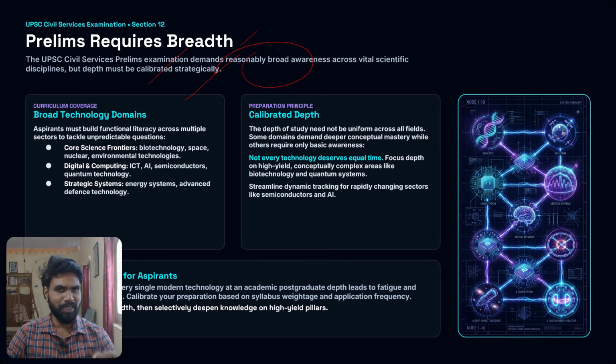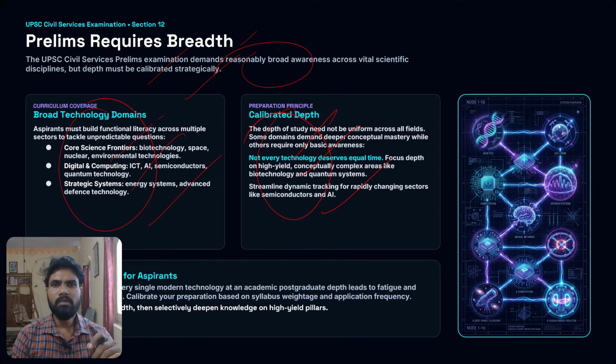But when it comes to mains, we'll see that you have to choose particular areas and take your knowledge in depth, very deep. So for prelims, you should have broad understanding of all the technology domains, and calibrated depth about each and every technology. This is how it works in the prelims examination.